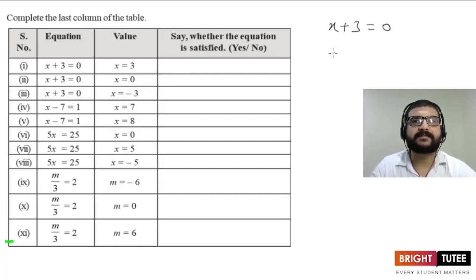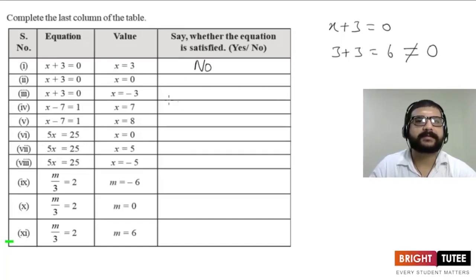If we put x equal to 3, we will get 3 plus 3, which is equal to 6, and we know 6 is not equal to 0. Therefore the left hand side of the equation is not equal to the right hand side, hence the equation is not satisfied. So we have to write no here.